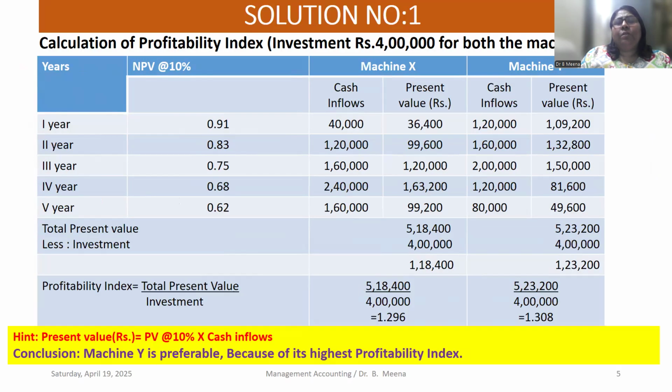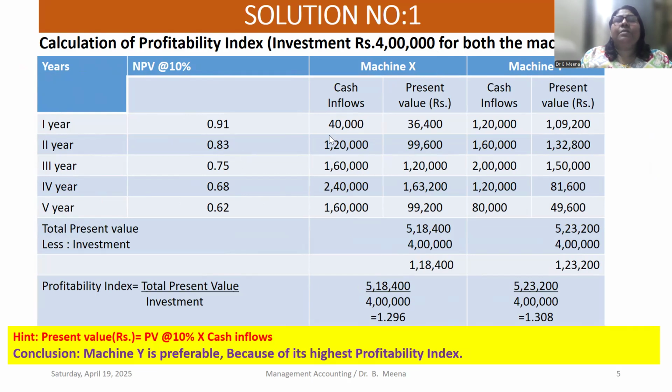Now check out this. In the first column, I have allotted the years. In the second column, I mentioned the present value factors at 10% for each year. Then the third column is machine X, and the fourth column is machine Y. For both machines, the investment cost is 4 lakhs.